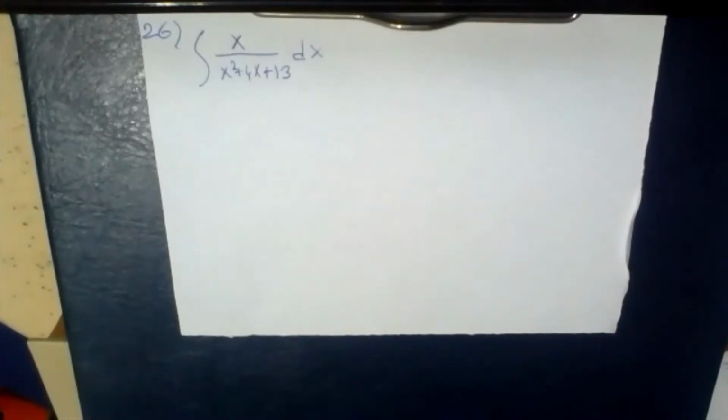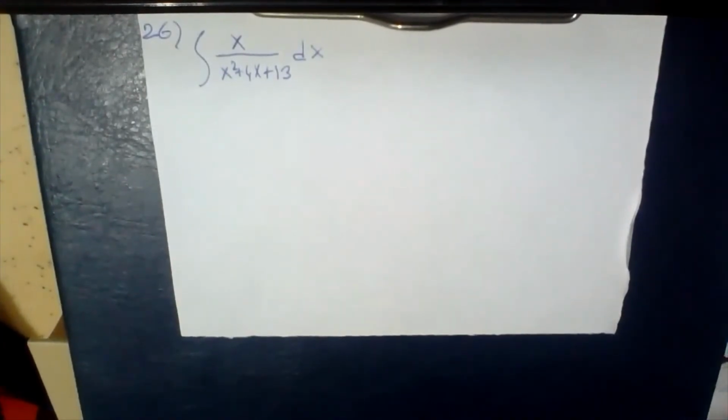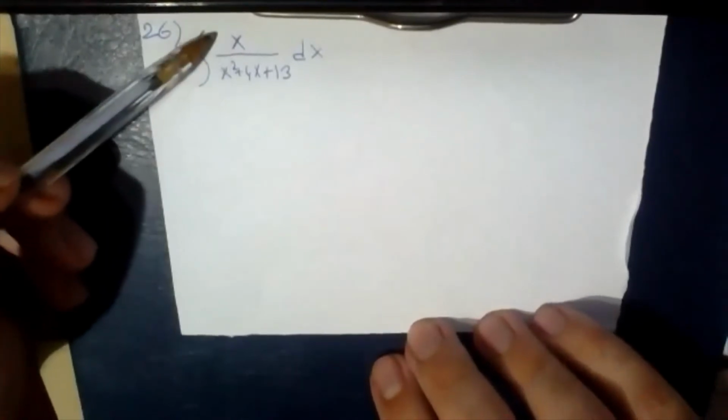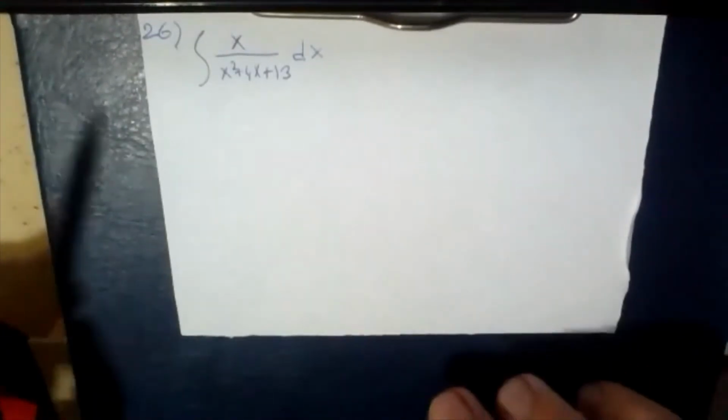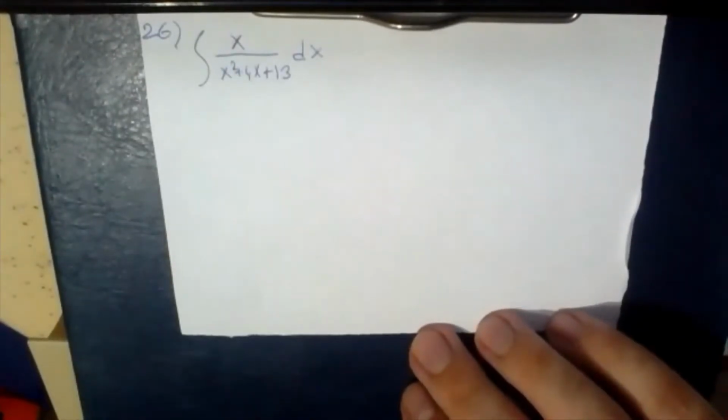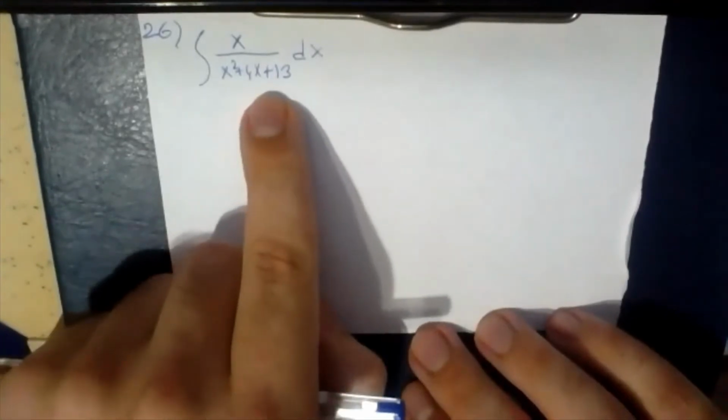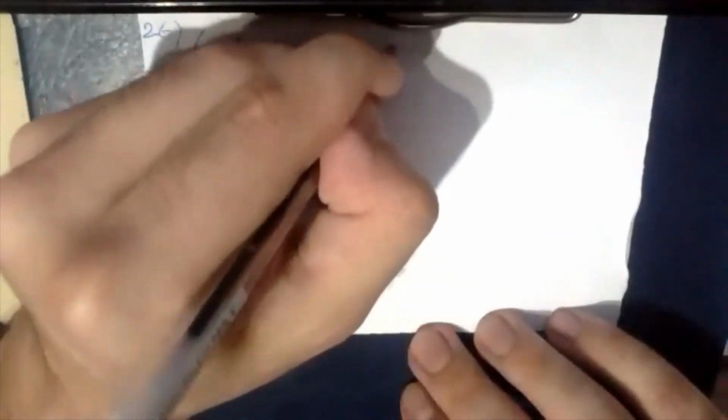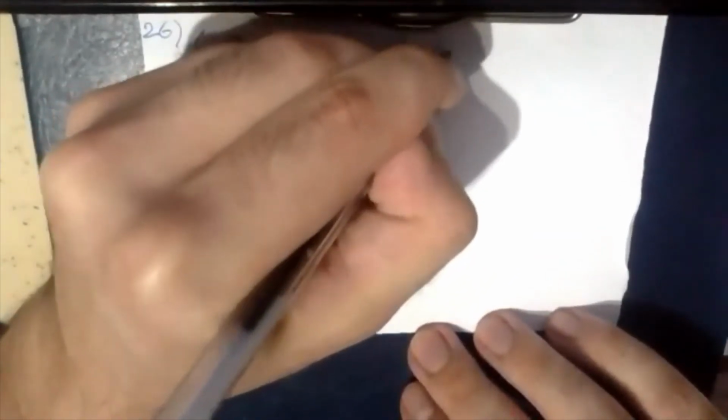It is very different from the previous questions because the degree of the numerator is less than the degree of the denominator, everything is okay, but to apply partial fractions here, we need to factorize x squared plus 4x plus 13.